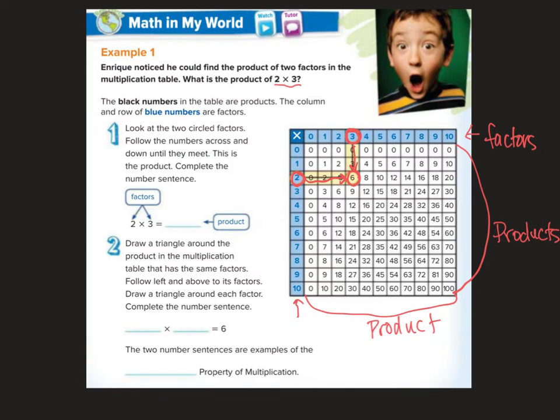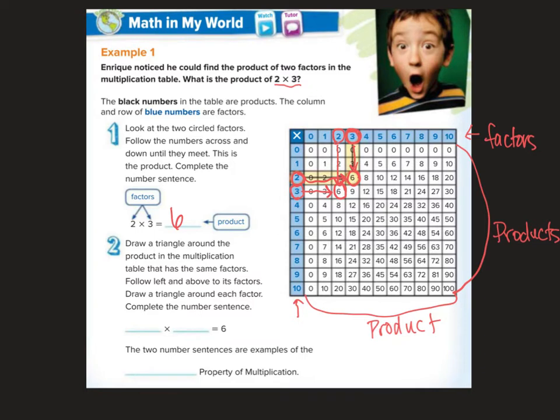Commutative property of multiplication. I could do 3 on this side and 2 on this side, and they meet up at 6. It doesn't matter which one you pick first or second. Because of that commutative property, you're going to get the same answer each time. So the product is 6.